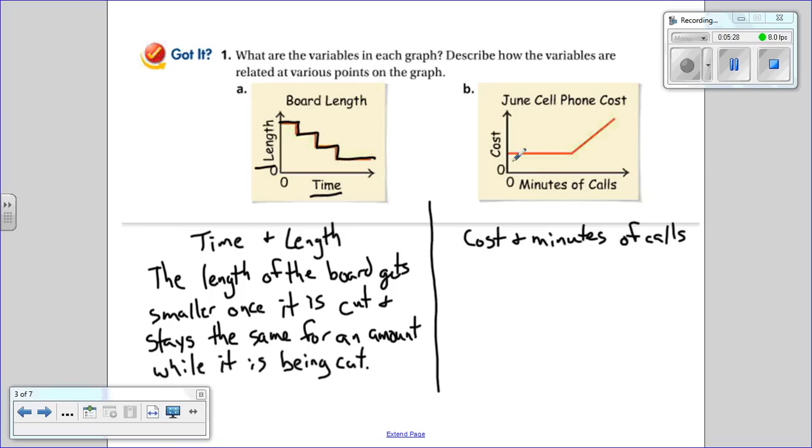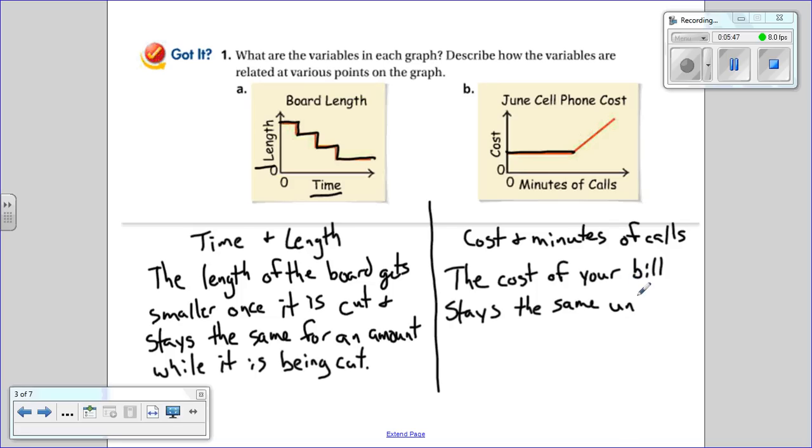This graph is showing that the cost of your bill stays the same right here, staying the same until you reach your minutes limit.